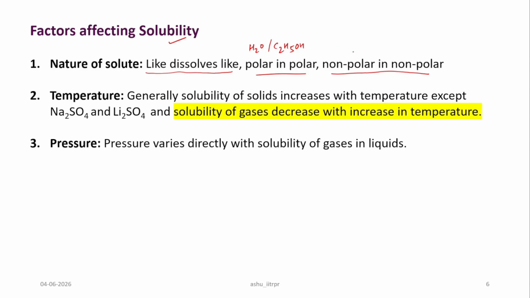Similarly, for non-polar, benzene is non-polar. Similarly, I have C6H5CH3, which becomes toluene like this. These two again are non-polar, so they are soluble in each other.